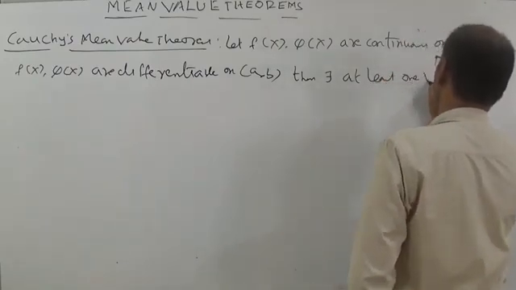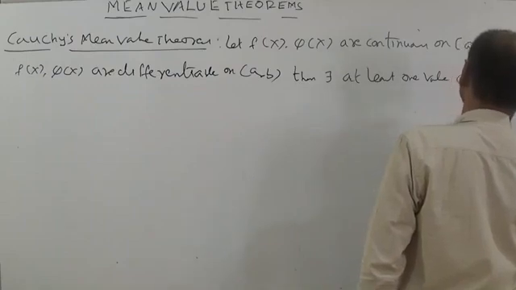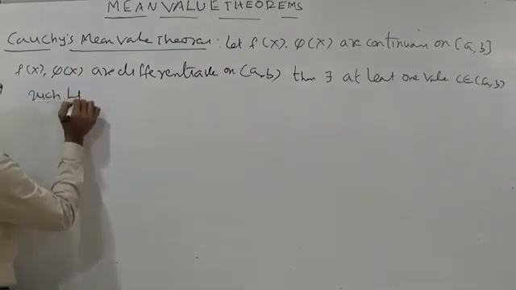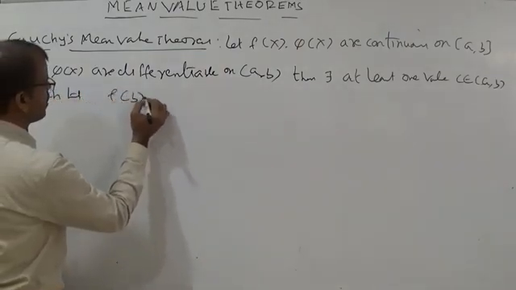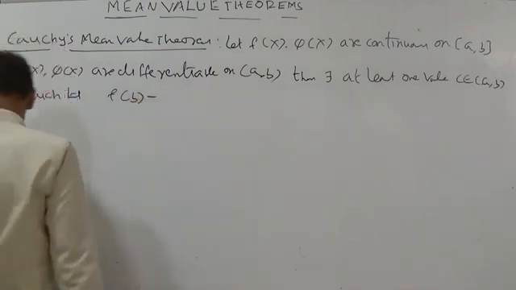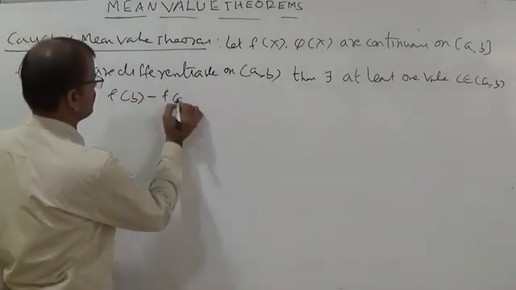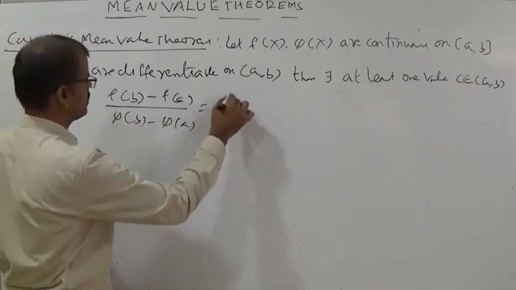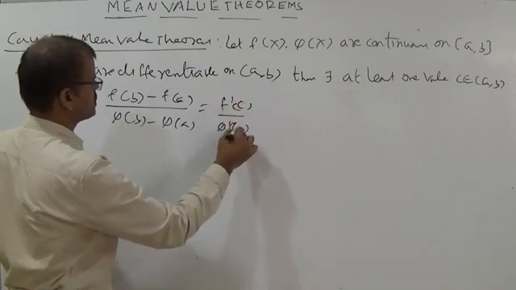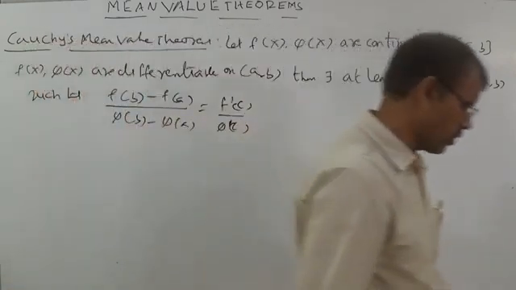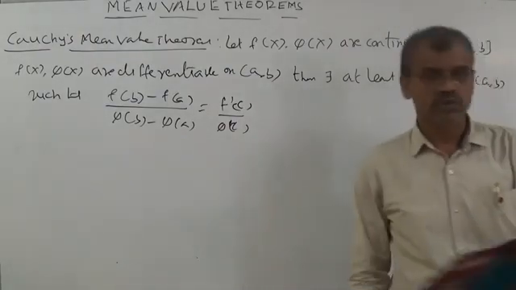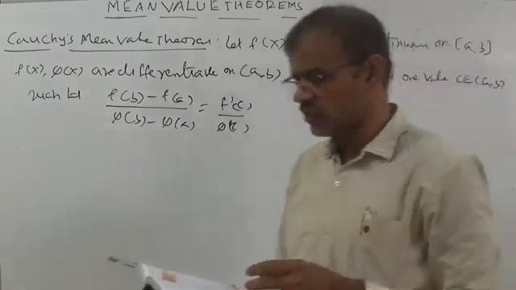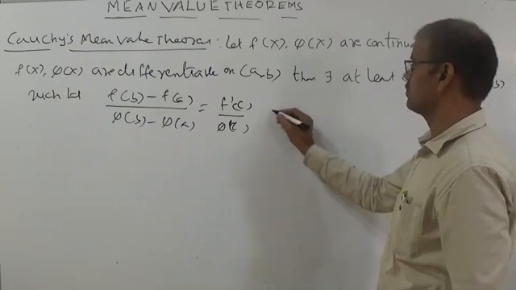There exists at least one value c belonging to the open interval a comma b such that f of b minus f of a, whole by phi of b minus phi of a, equals f dash c by phi dash c. The reciprocal you can also take, no problem, because then it becomes the same value: f of b minus f of a by phi of b minus phi of a equals f dash c by phi dash c.